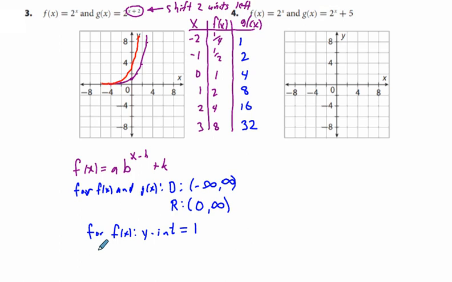For g of x that we shifted, y-intercept equals 4. So really that's it.